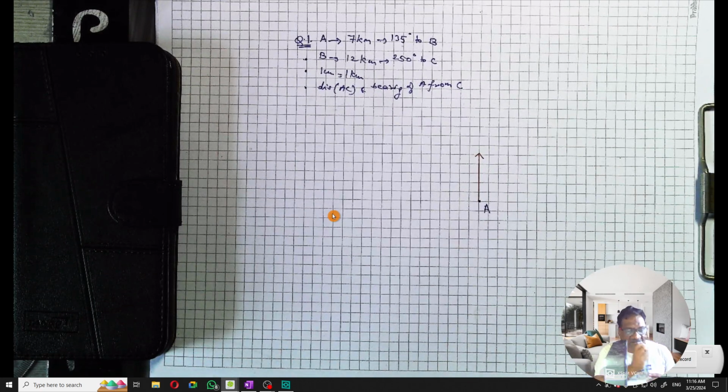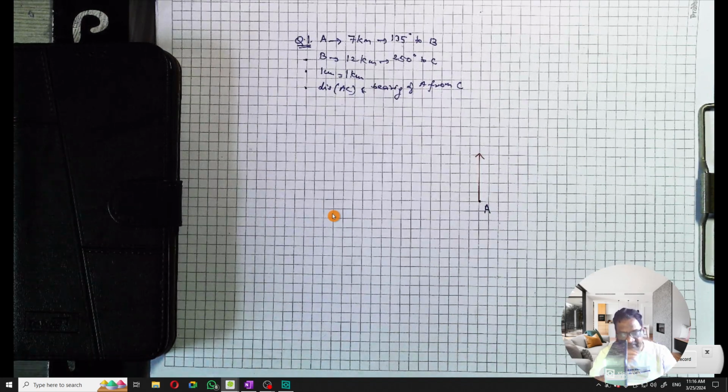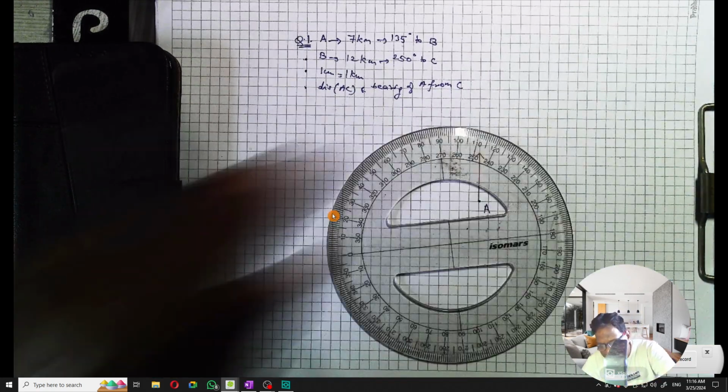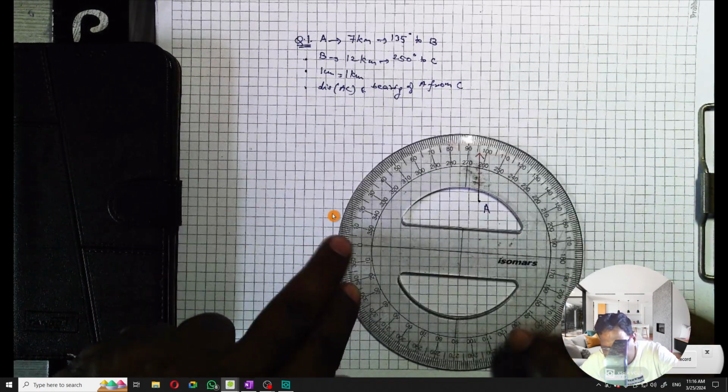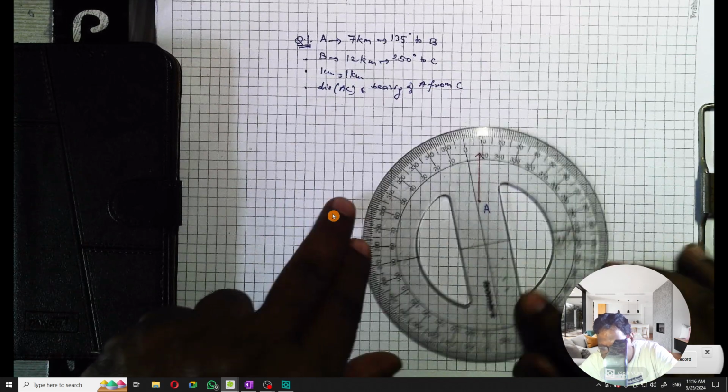Now from A, the object is moving 7 kilometer on a bearing of 135 degree. So I'll take this protractor and I'm going to keep it in this way.